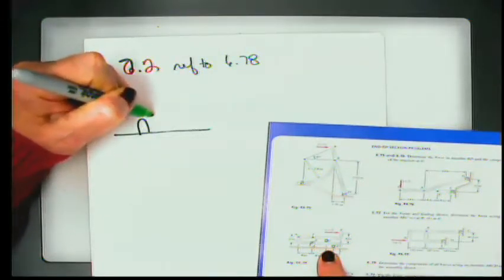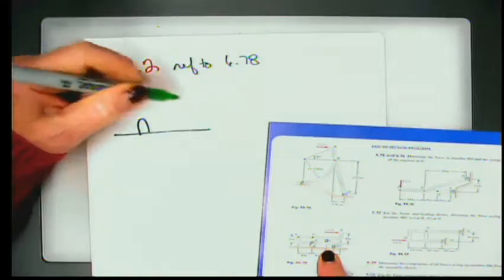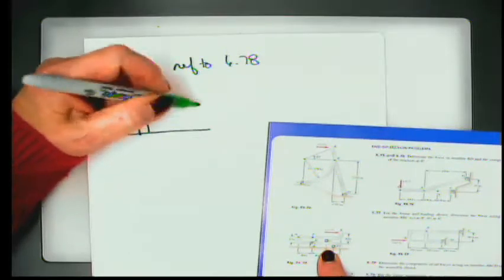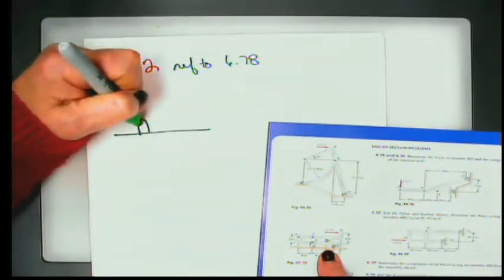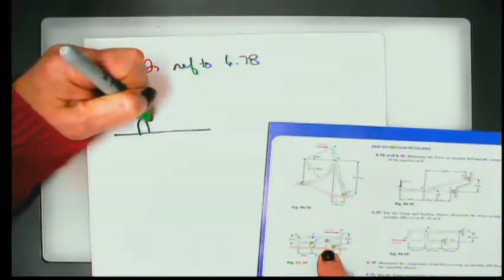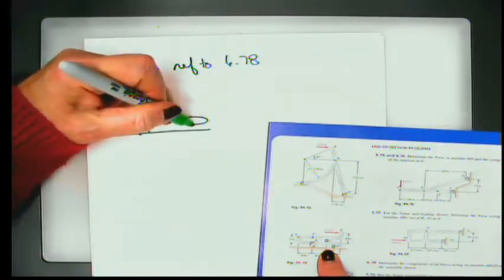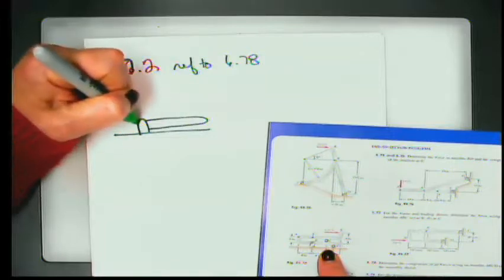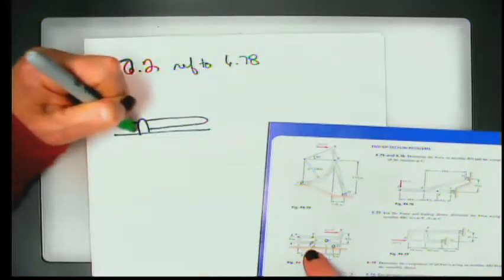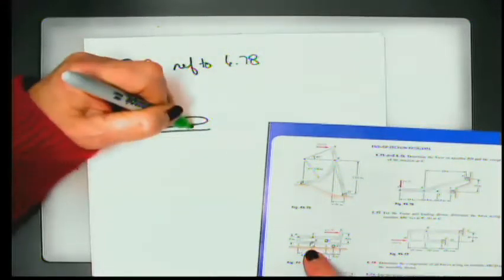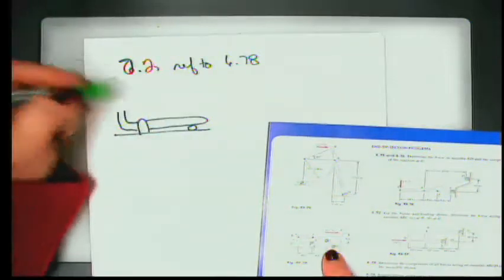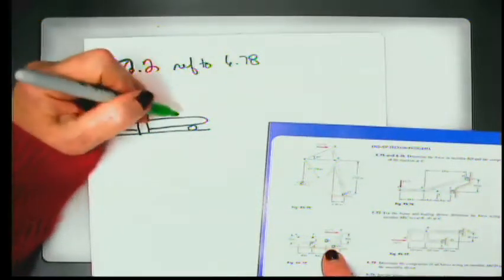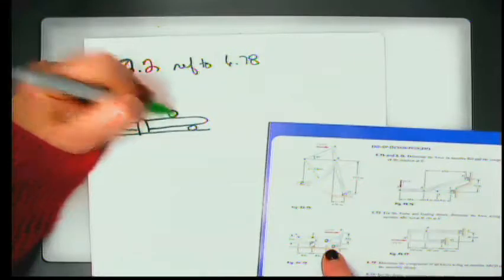So what we have is this piece that's sitting on a roller that is pinned here at B. Okay. And it comes through this like this. Okay. So we have a ball here, and we have a ball here.